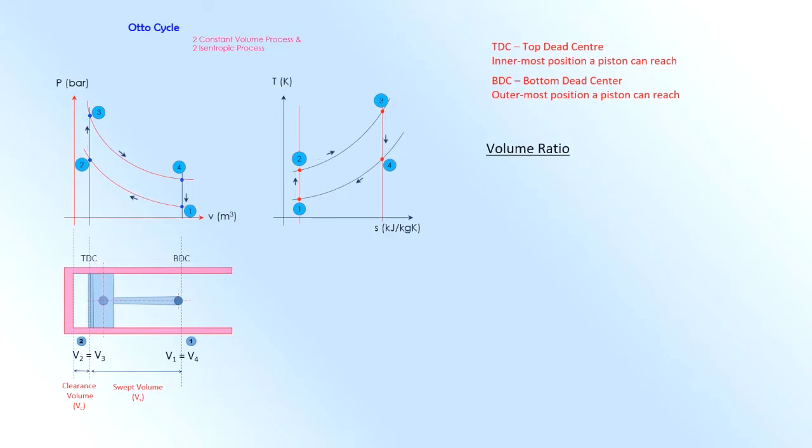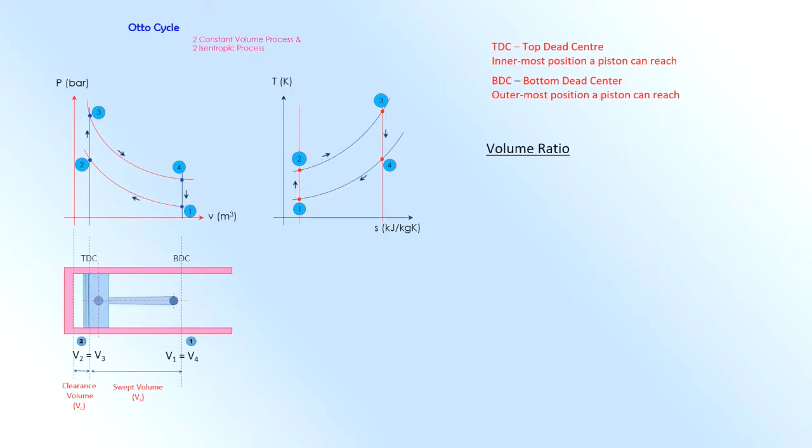Then it comes to volume ratio. When you look into what the term ratio means, it refers to a numerator and a denominator with the same quantity. So volume ratio is defined as the maximum volume over the minimum volume.